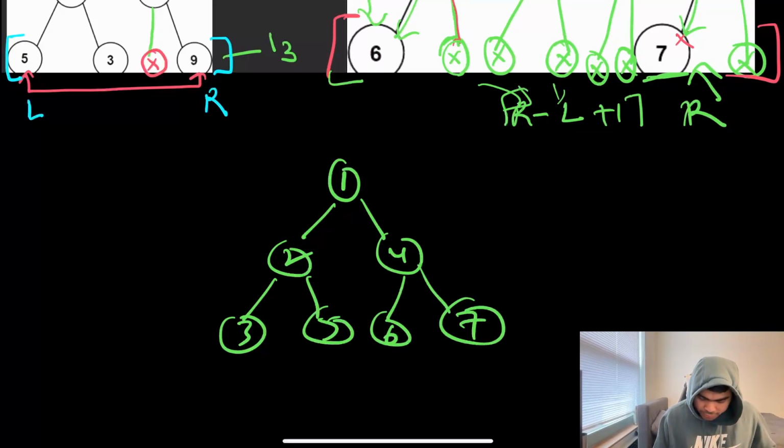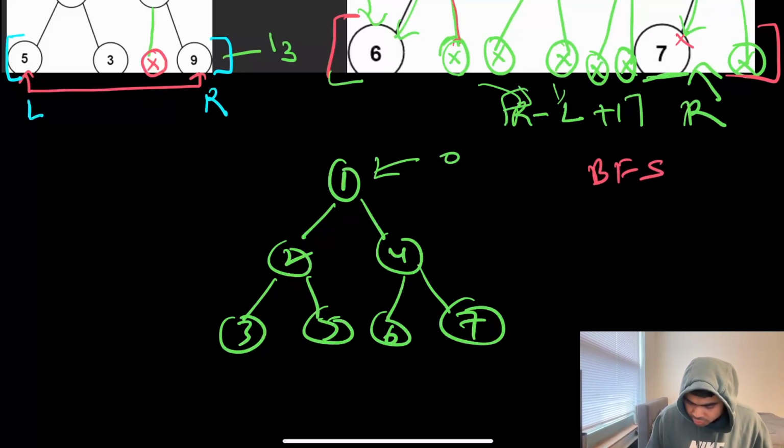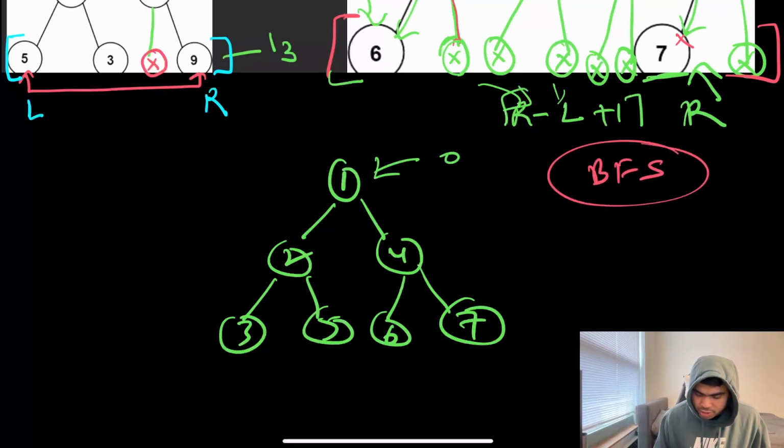So in this case this would be index 0, and this time we will be using the BFS algorithm. It's just that while putting nodes in my queue, I will also put the indexes next to the node.